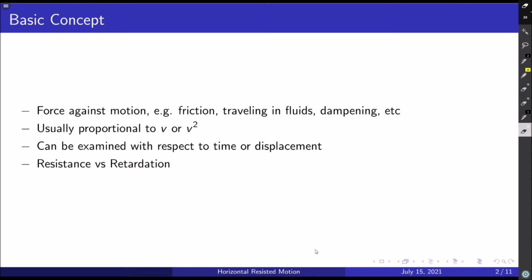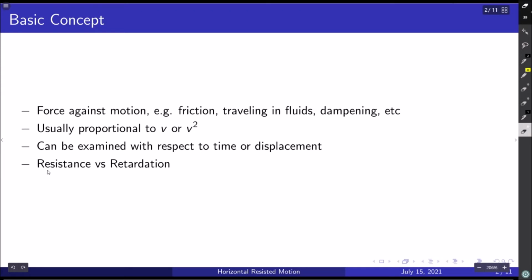Here we treat them all the same because they would be a force proportional to velocity, or a force proportional to the square of the velocity, which we'll look at separately later on. The big thing in this topic is that resistance can be examined with respect to both time and displacement, with a slight bias towards displacement here.